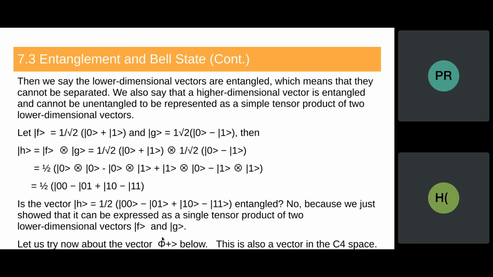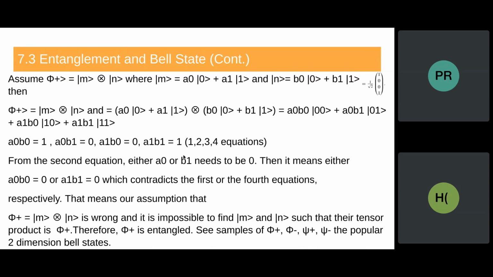But let's say another vector, phi plus, which is shown below here. So if phi plus is the product of ket m and ket n, and these are the numbers, and if we combine this and find that it equals 1, normally you will have only one, right? 1 0 0 0 1 0 0 1.